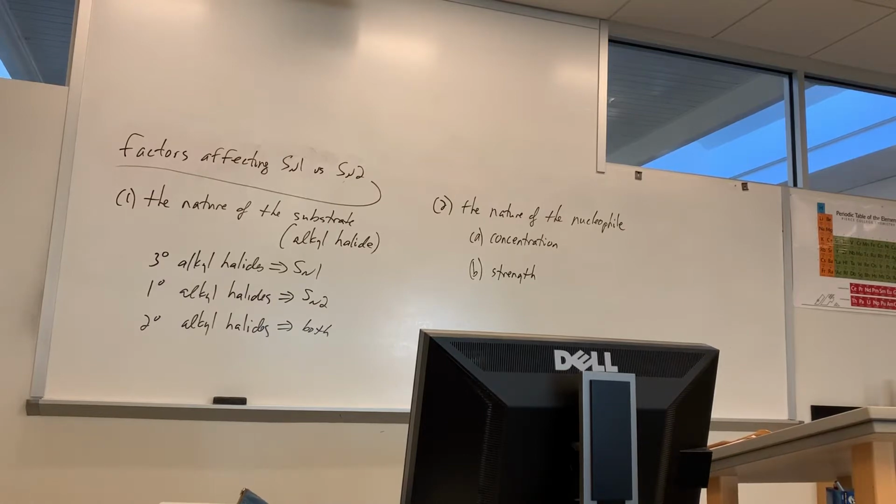It shows up in the mechanism, but not part of the rate determining step. So we can alter the concentration of nucleophile all we want. We can't take it down to 0. We can alter it all we want, and it has no effect on SN1. But increasing the concentration of nucleophile increases SN2 because it is part of the rate determining step in SN2.